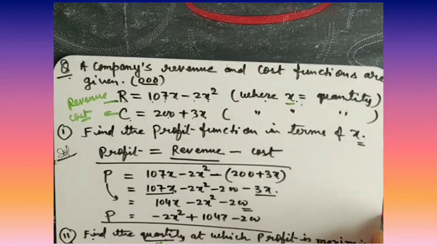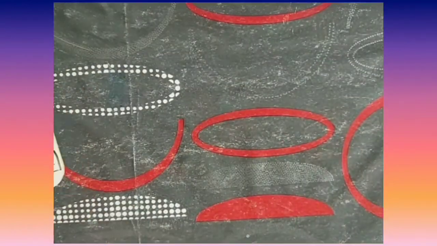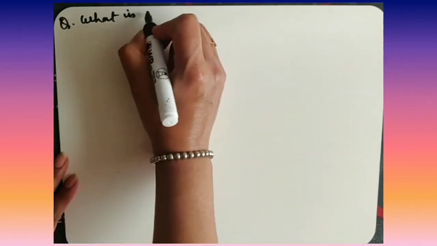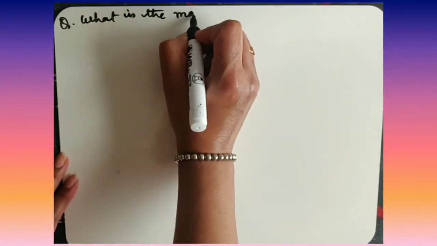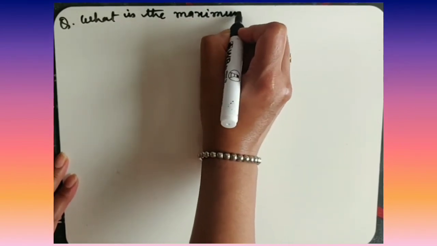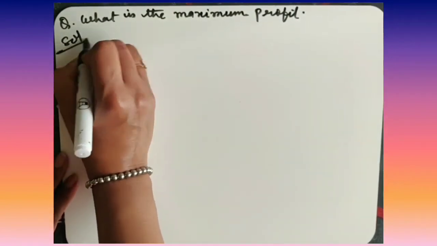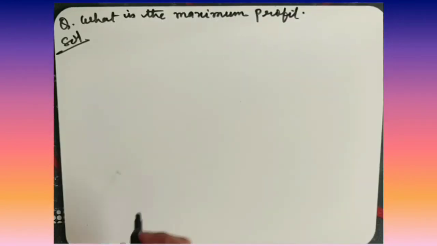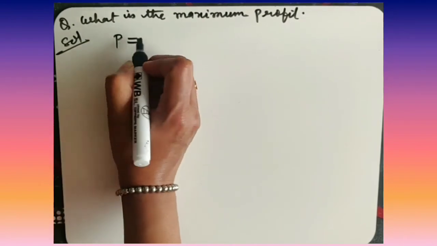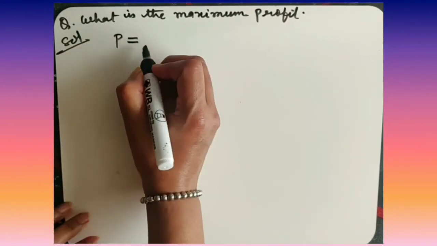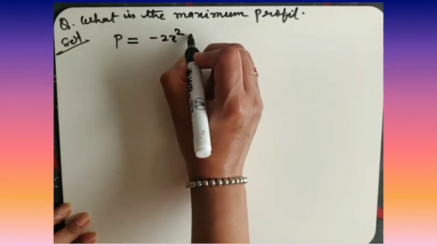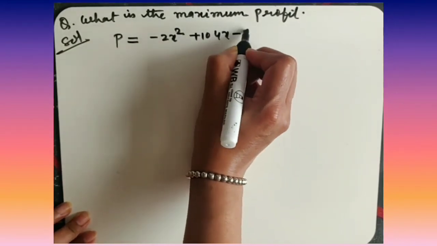Now the next, connected question I am going to take. What is the maximum profit? So the solution will be: our profit function is P equal to minus 2x square plus 104x minus 200.